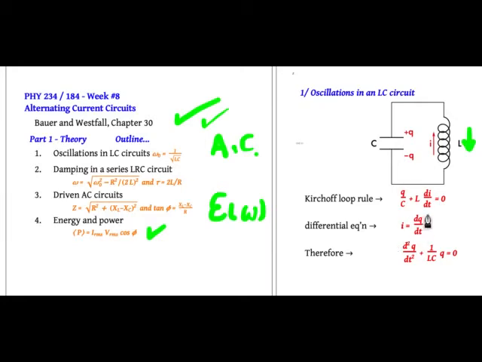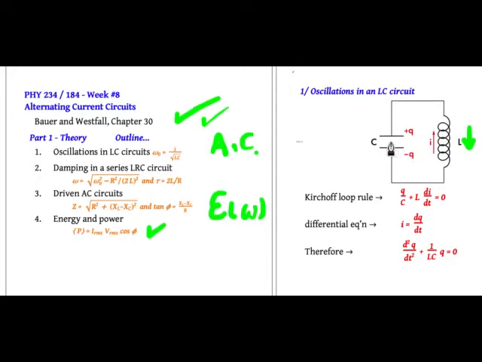I is dq dt, because any current that comes around here has to deposit charge on the positive plate of the capacitor. It can't go through the capacitor because the capacitor has an insulating layer.